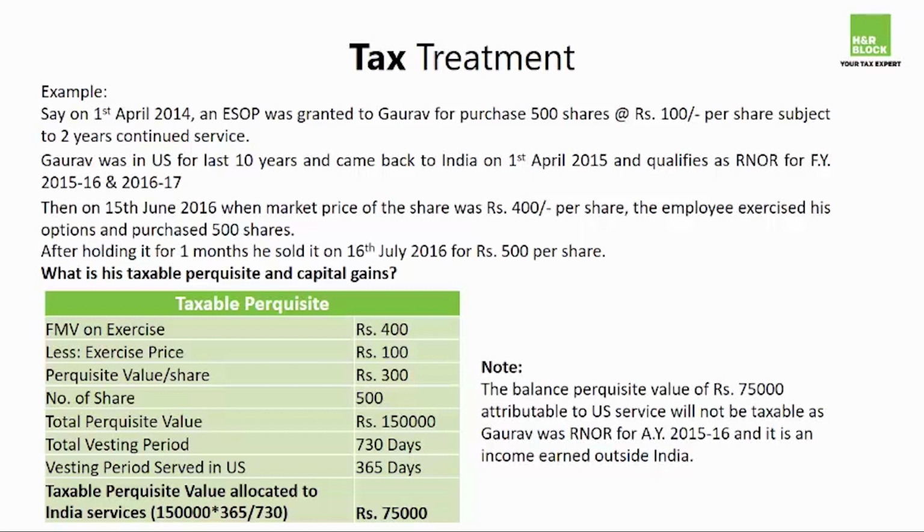It will not be taxable in the hands of Gaurav in India, because Gaurav was RNOR for assessment year 16-17, that is financial year 15-16, and as the income is earned outside India, he has rendered those services outside India. That's the reason it will not be taxable in India, because he is resident but not ordinarily resident.